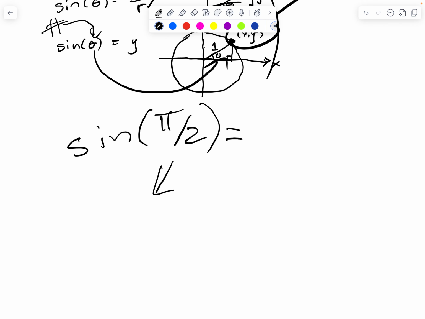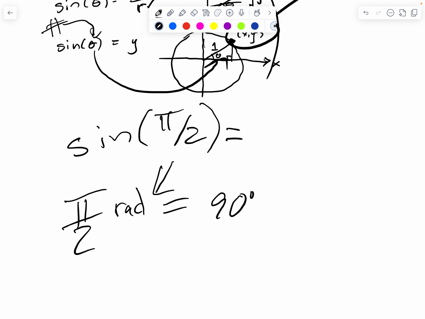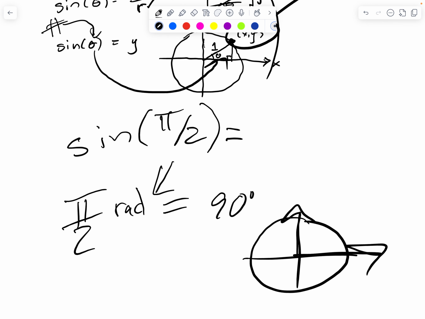Now, pi over 2 is just a number, but if I want to think of it as the measure of an angle in radians, which are dimensionless units, this is the same thing as 90 degrees. So if I think of 90 degrees, if 0 is that way, 90 is that way, here's my circle of radius 1.